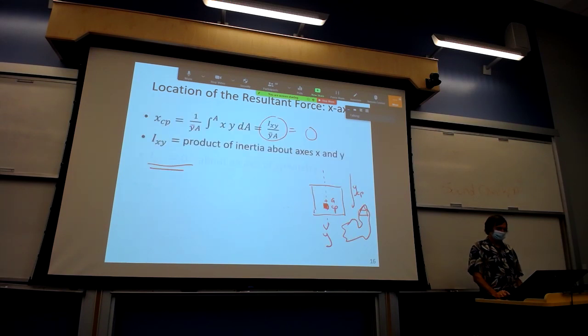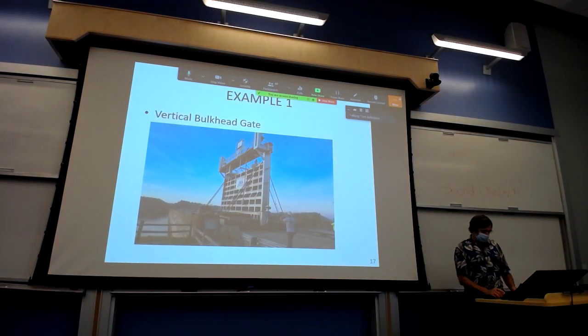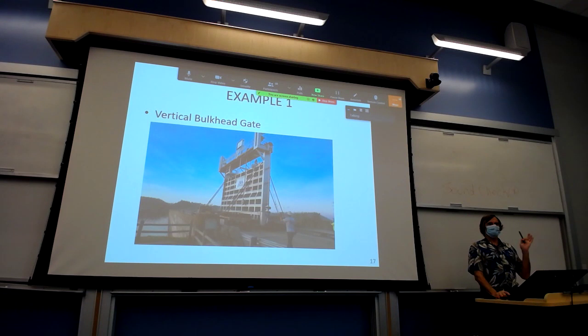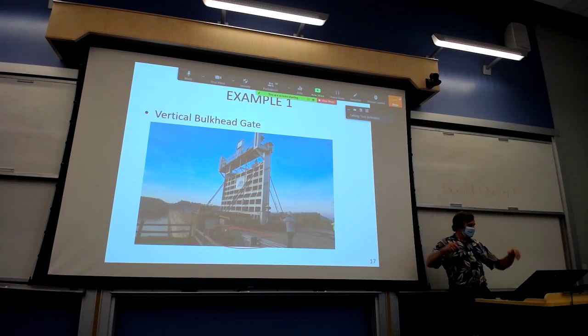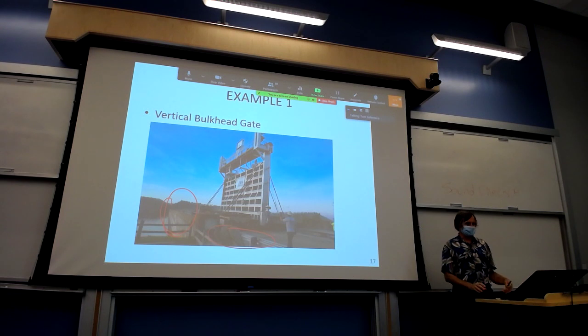Okay. Great. So, example. In the book, sometimes things can be abstract, so I tried to pull down some pictures for you. So this is a gate, and this gate is going into an opening here, and what you see is a dam over here. And so the gate's going to be put in place to be able to throttle or control the flow.